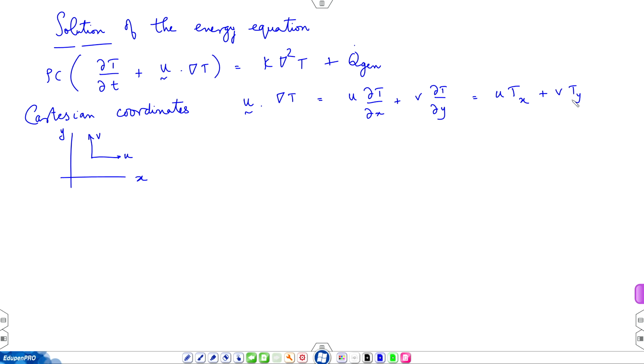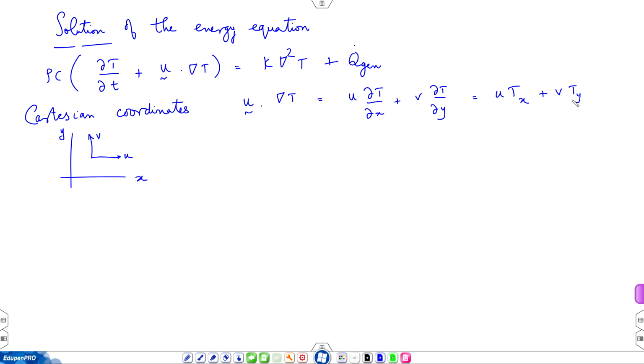So, if you refer to our notes, you will see that a suffix has been used for partial differentiation. If you want to use an extra symbol for a velocity component, use it as a superscript. Okay.